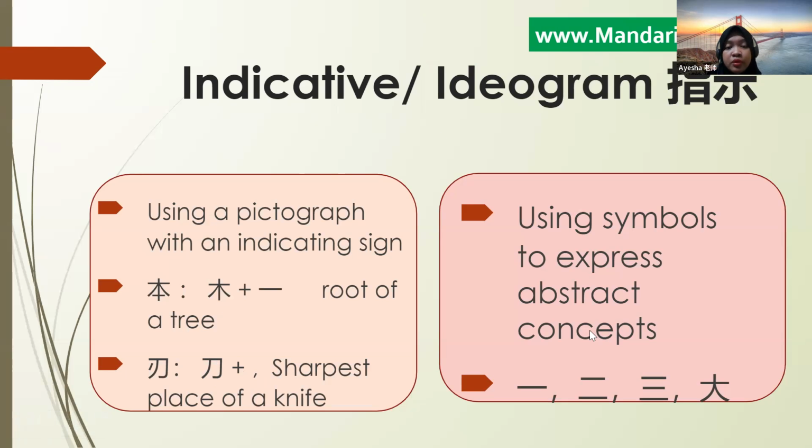The second way of using ideograms to depict anything that you mean in the Mandarin world is to use symbols to express abstract concepts. What does that mean? Very simple. Look at this. Can anyone guess what word this is? What does it mean? It means one. Why? Because there's only one line. This one, two lines.